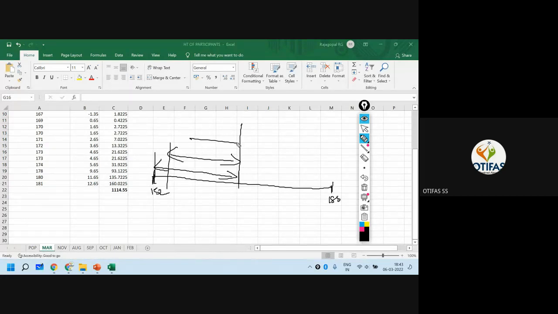So you are comparing with the mean. When you compare with the mean, you have lost 1 degree of freedom. So instead of 20, we take only 19, because everything is compared with this, but the mean itself is not compared. When you compare this, you lose 1 degree of freedom.